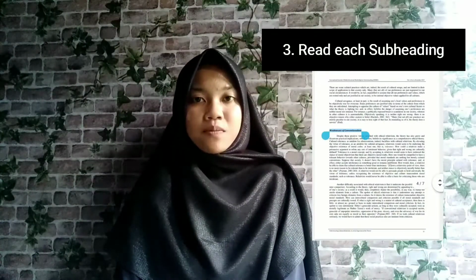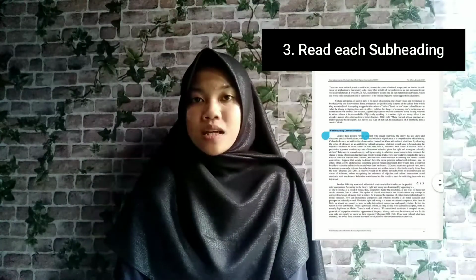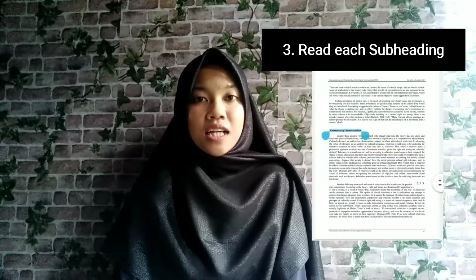Step number 3, read each subheading. The title of each topic can be a heading. Heading is a kind of title or subheading that provides information on the content or material to be informed about. The title or subheading is an outline of the content of the reading.